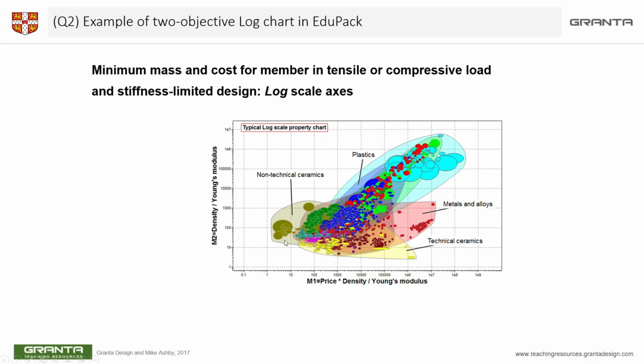Both of these have been plotted in a minimization format, so keep this in mind. That means the materials which are in this corner are your potential good materials. The other materials will, of course, not be optimal with regard to both the mass as well as the cost.